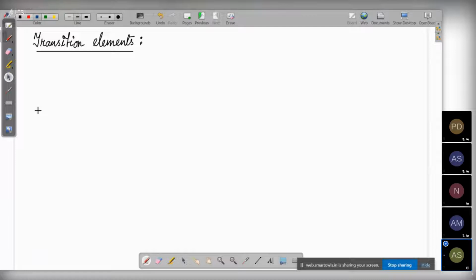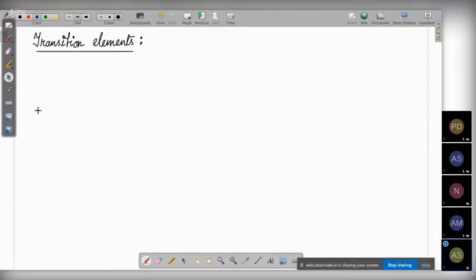The definition that is taught in class 10 is that transition elements are those which have their properties in between highly metallic and highly non-metallic elements.